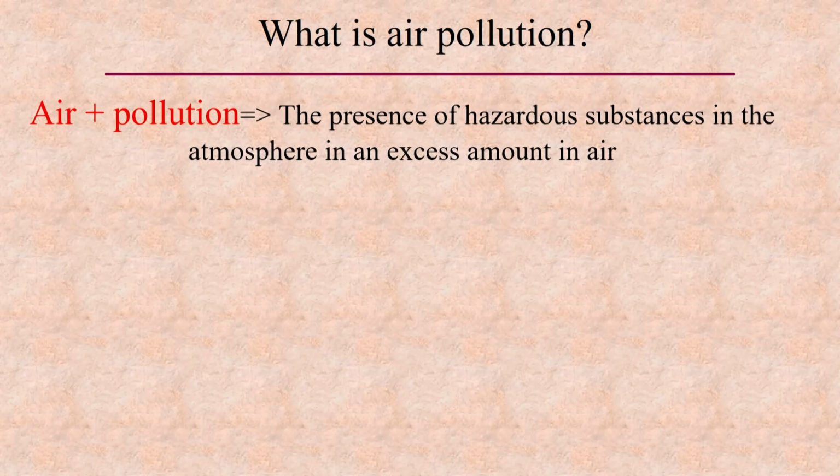Air is a system, you can call it a colloidal system, and pollution is the presence of hazardous substances in the atmosphere in an excess amount. This is very important here. There are two criteria: they have to be hazardous and they have to be in excess amount in the air.